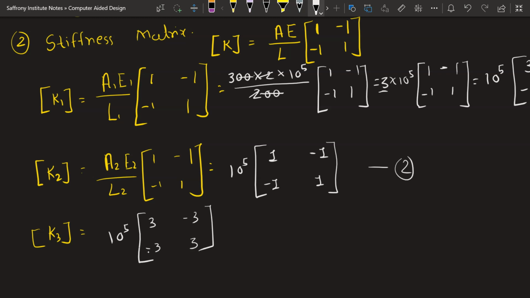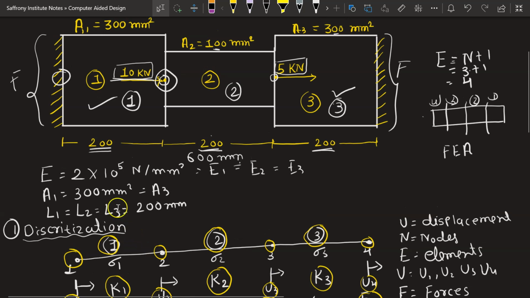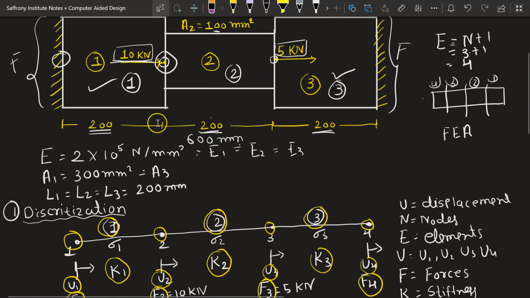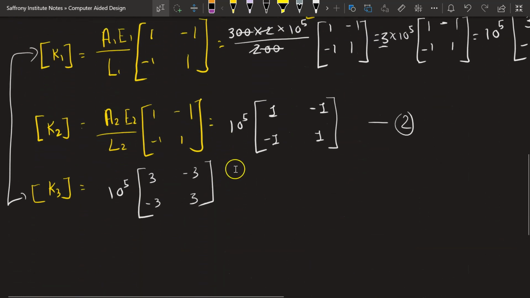If you notice, this matrix and this matrix are the same. Why? Because all the values in the numerical are also the same for element number 1 and 3. Area is the same, length is the same, E is also the same. So logically the same answer will come. Okay, fine. So till this step we have figured out the stiffness matrix.